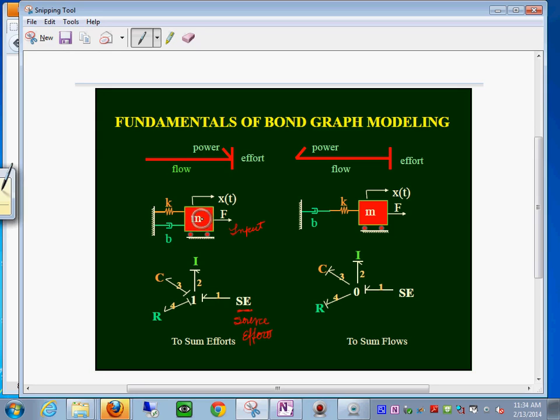And the model is, see, this is the inertia element in here. We're going to call it your I element. This is your C element, and this is going to be your R element. So if we lay out the elements, we can come up with these connections between them, and this will be a complete model equivalent to a block diagram.